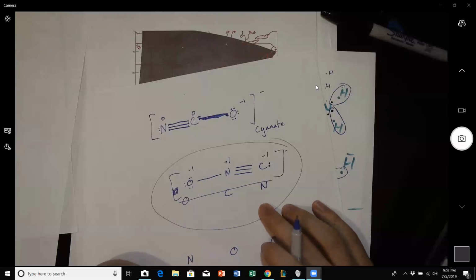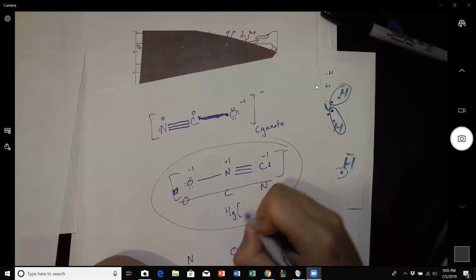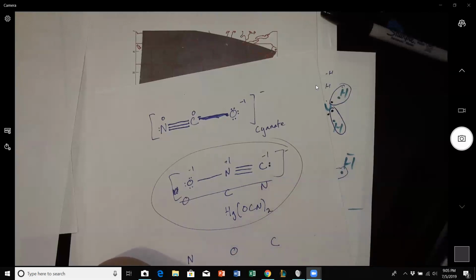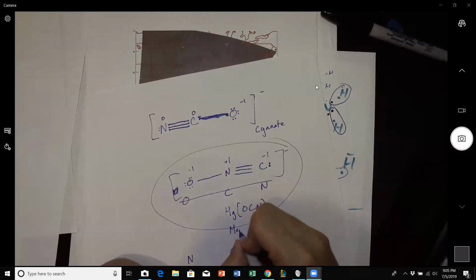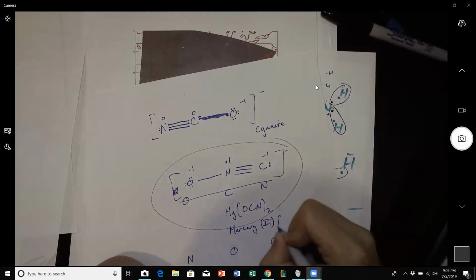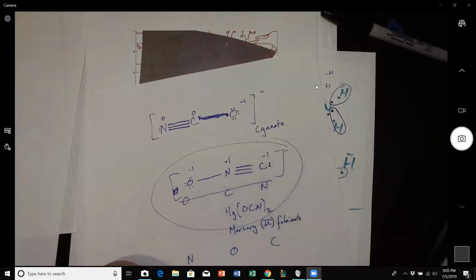It is somewhat stable, and one common example is this. So this is mercury 2-fulminate. So let me write it down. And this is a high explosive, which is used to detonate other explosives.